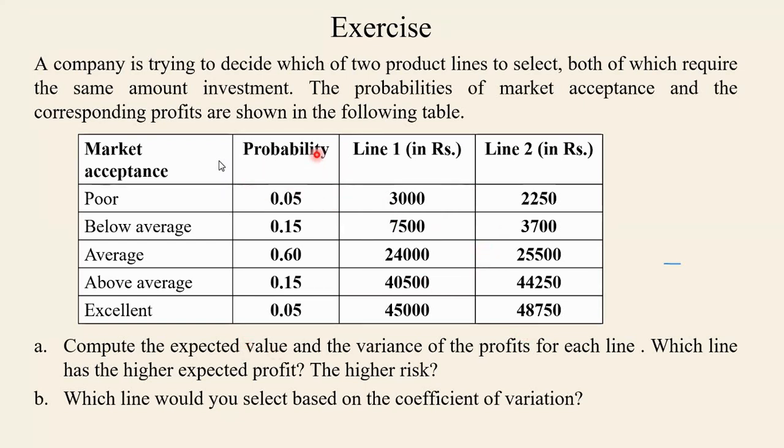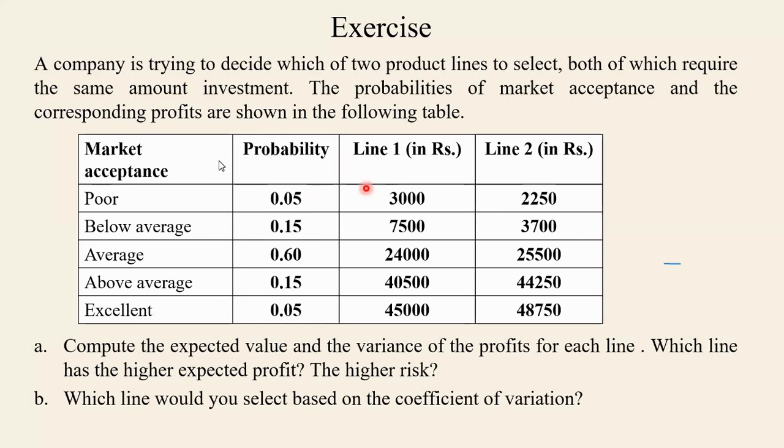So here, this means that if we want to earn 3,000 profit from line 1, the probability is 0.05 because it is a very poor market acceptance. But from line 2, to earn the profit of 2,250, the probability is 0.05.